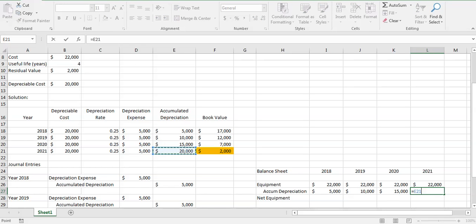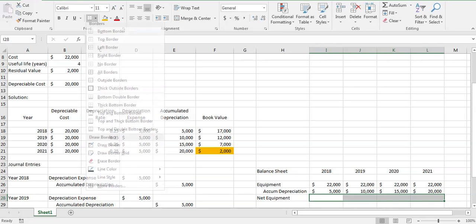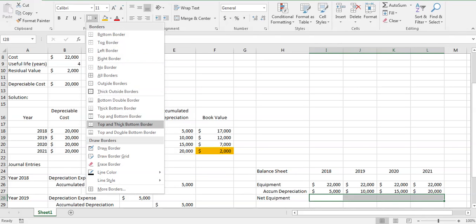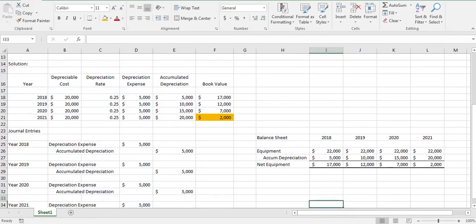As you can see, for every year you have an increment of 5,000, and then the net equipment, which is the book value, is the subtraction of equipment minus accumulated depreciation, and you will get all the way to 2,000 at the end, which is the end value for accounting books. That will be your presentation of the balance sheet.